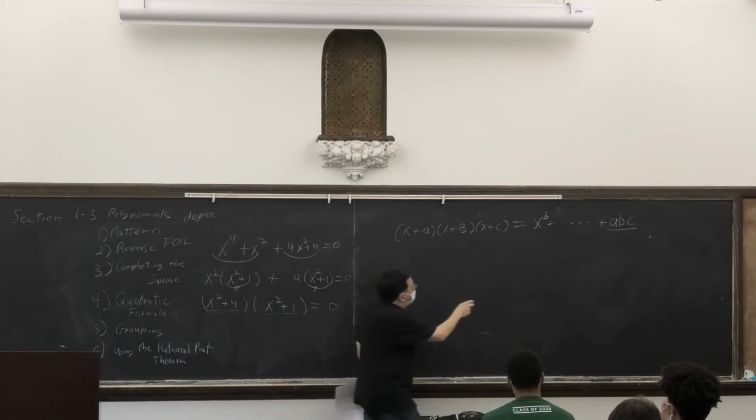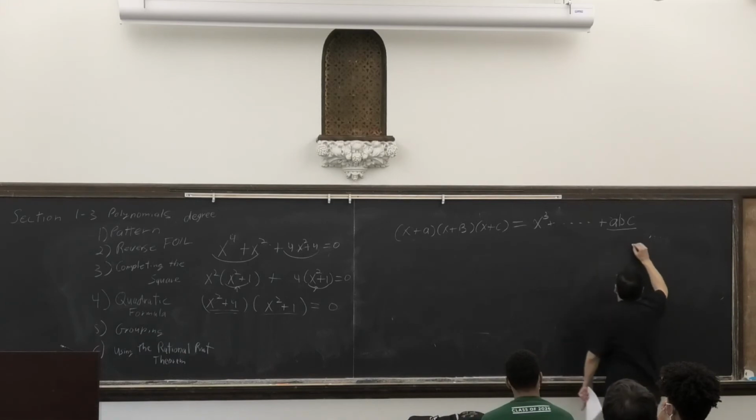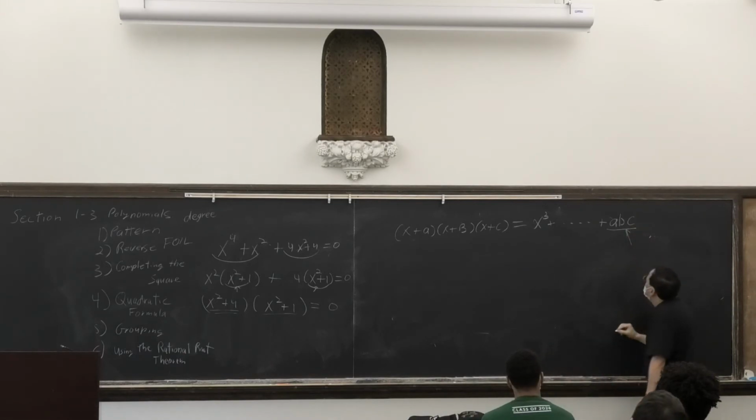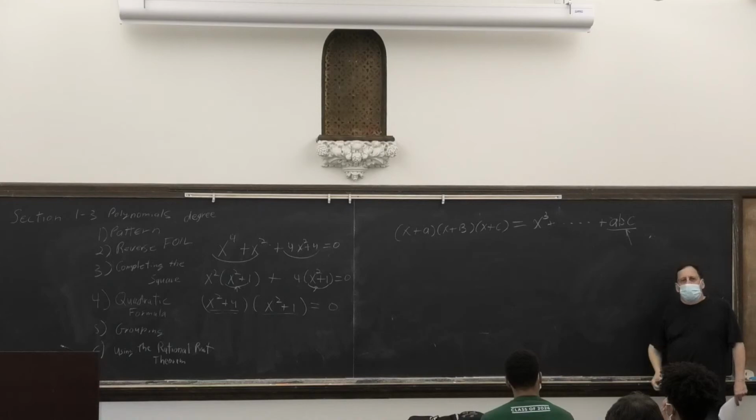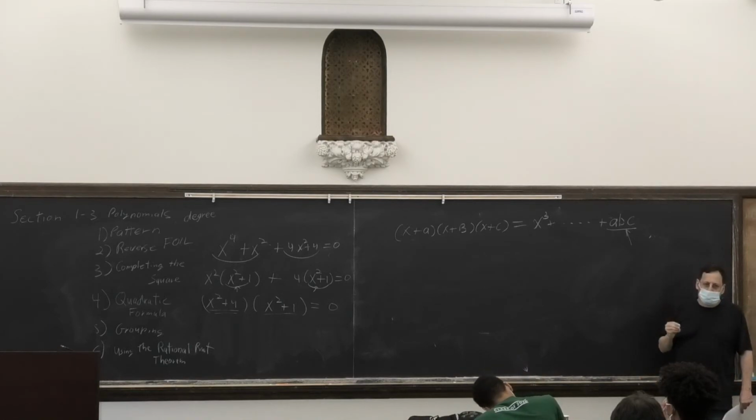So if I have some polynomial that looks like this, I might be able to guess a root because it might be one of these factors. And that's the idea behind the rational root theorem. We're looking for rational roots, not irrational square root roots.